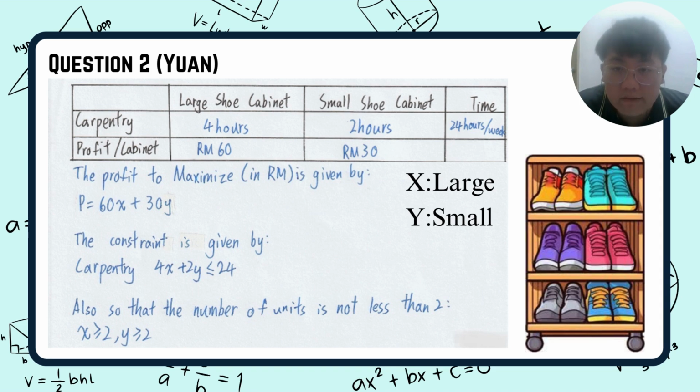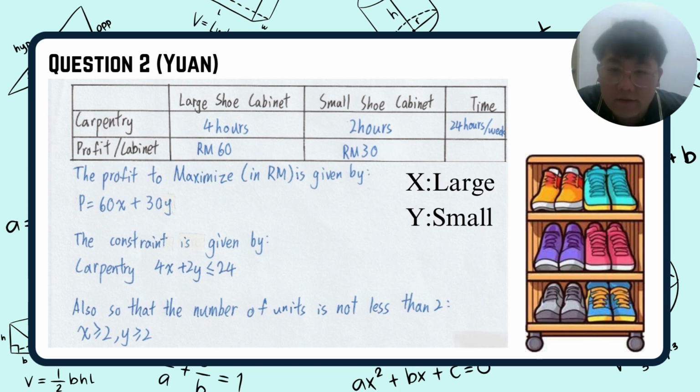We set P as the profit, and x is the large cabinet and y is the small cabinet. We put in the profit we already drew, 60 for the large one, so we get 60x, and the small one is 30, so we get 30y. So we add them, and we get the profit to maximize is P equals 60x plus 30y.